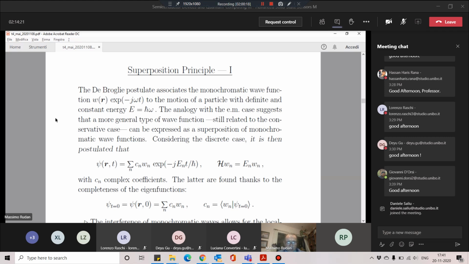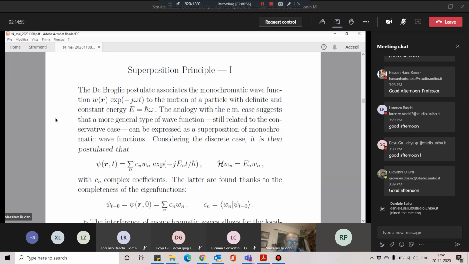We also incorporated into the postulate that the functions W sub n and the energies E sub n that appear in the linear combination are derived from the solution of the Schrödinger equation independent of time. This form applies, obviously, if the eigenvalues of the Schrödinger equation independent of time are discrete.